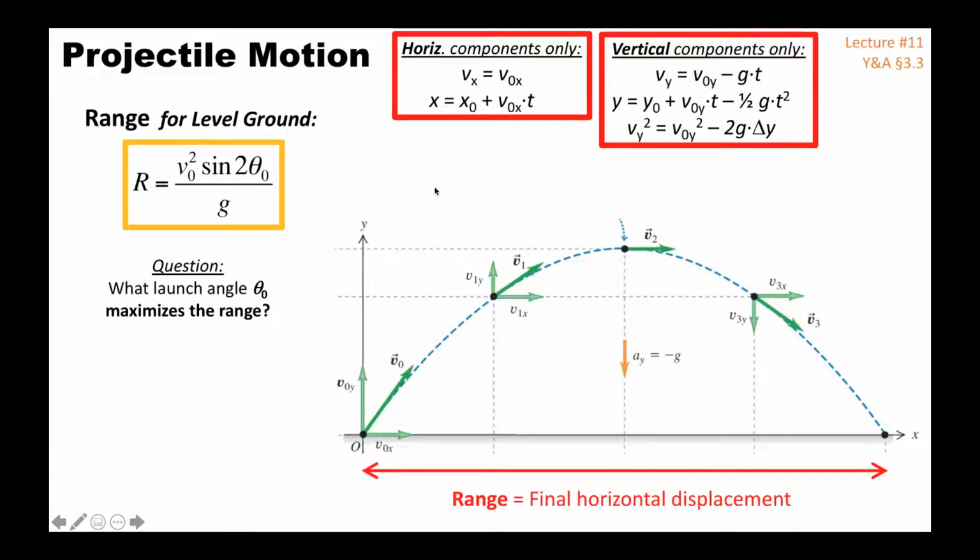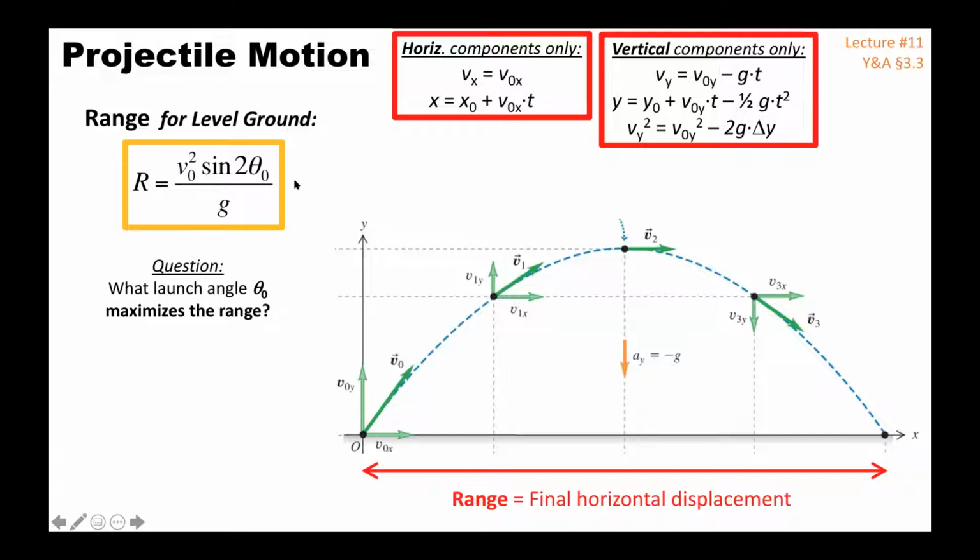The object will go way up and come back down relatively nearby. Common sense also tells us that if we launch really low, then the object's not in the air for very long, right? It will just sort of skim the ground quickly and land soon. So there must be some sort of an angle in between at which we would get a really, really big range. And the question I want to know is, what is that angle?